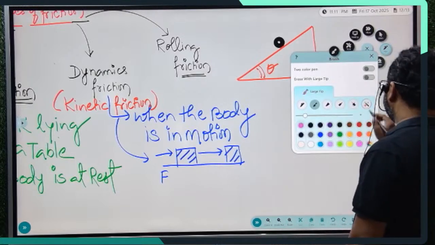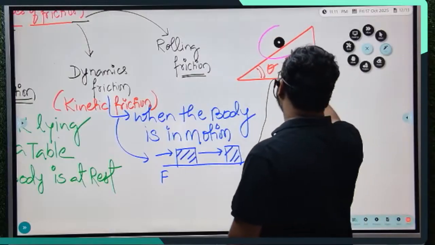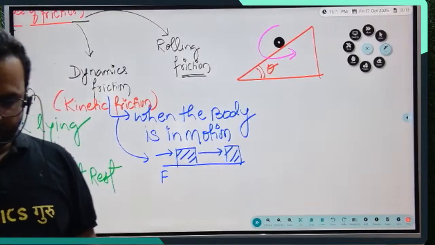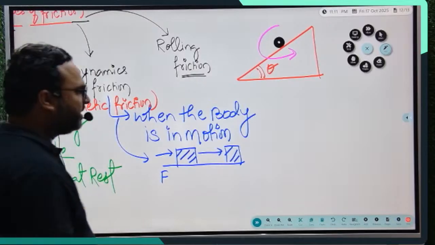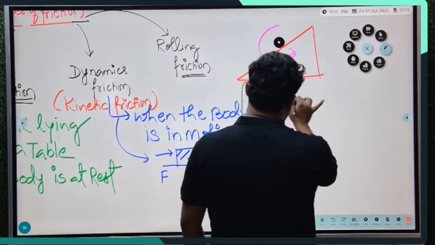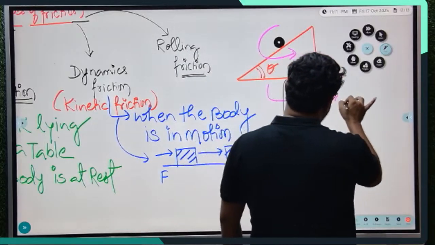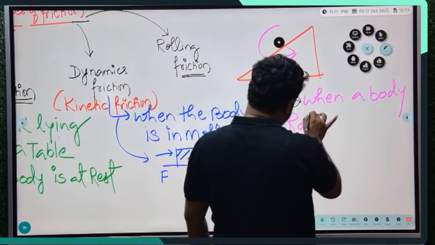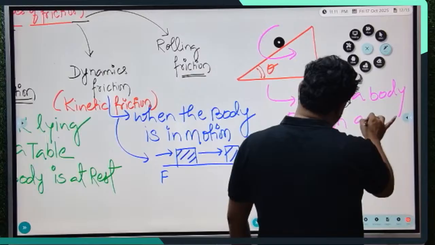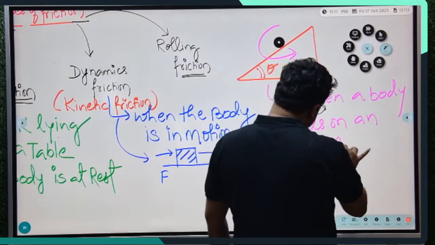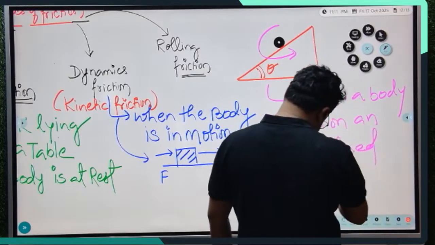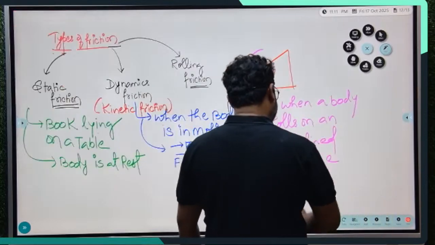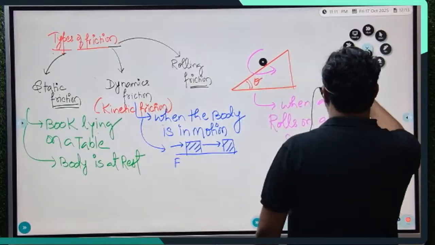This is an example of rolling friction. When a body rolls on an inclined plane, the friction is called rolling friction.